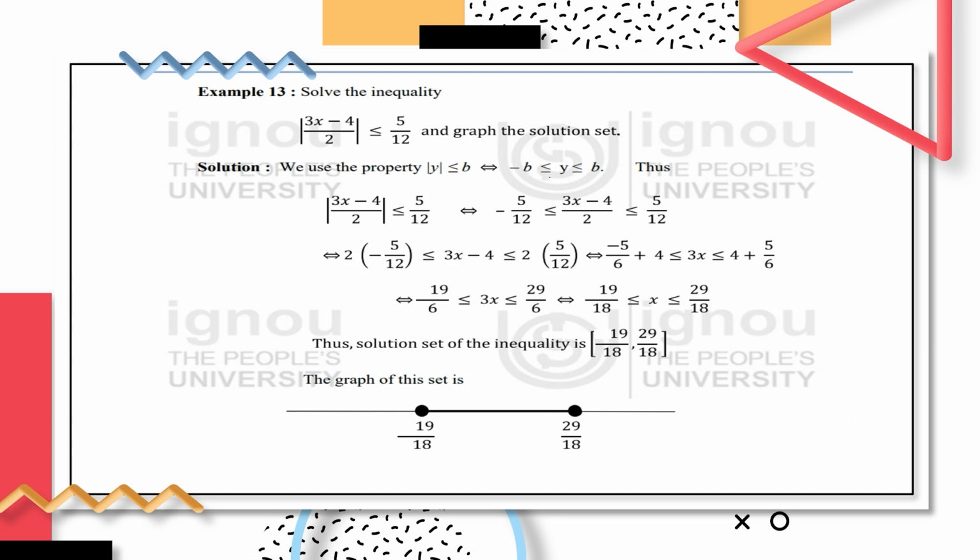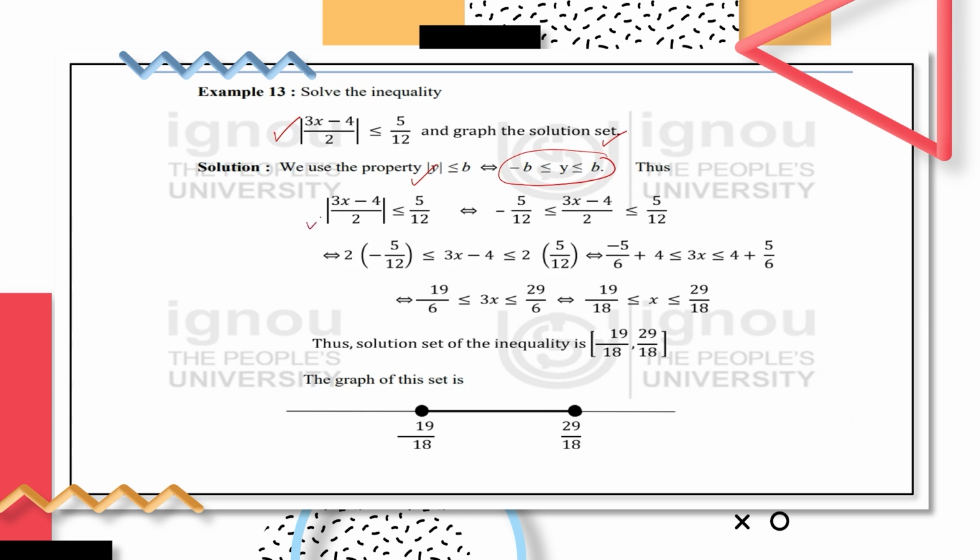Here is an example wherein the inequality involves the absolute value of (3x minus 4) by 2, and the inequality is that the absolute value of (3x minus 4) by 2 is less than 5 by 12, and we need to graph the solution set. We use the property that if the absolute value of y is less than or equal to b, then the value of y lies in the interval from minus b to plus b.